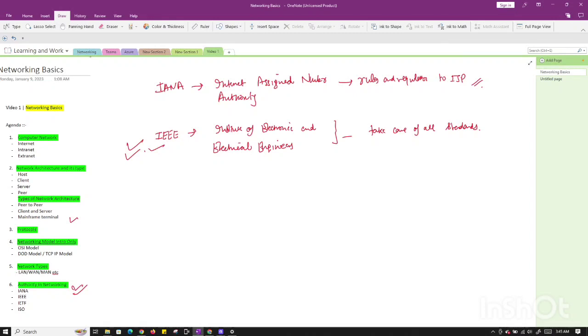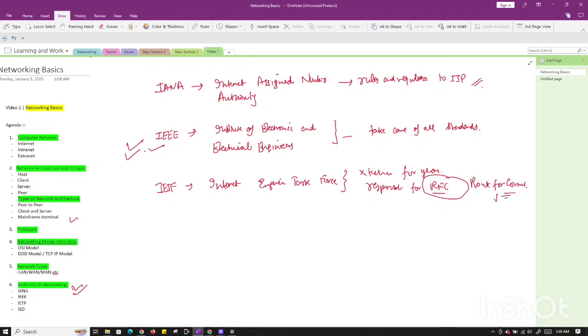Then we have IETF, that means Internet Engineering Task Force. They have been responsible for years for RFC. RFC is Request for Comments. They say there are sets of IPs, subnets, and classful IP addresses which no one can use.